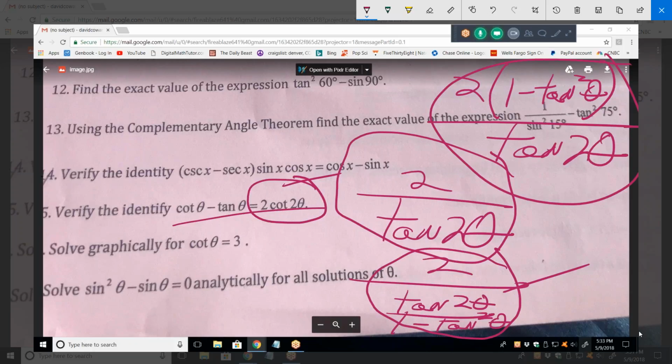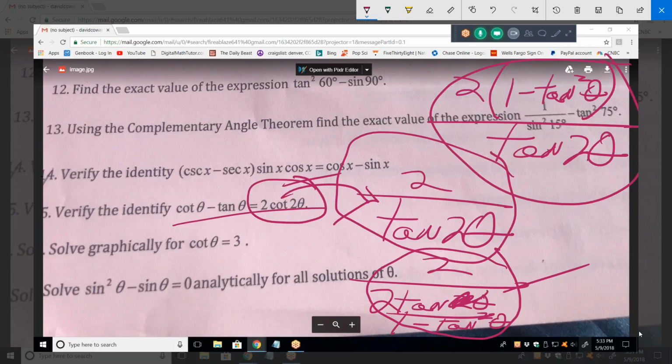I went from the right side to this. And did you make that into the bottom bit? Well, I made the tan of 2 theta into the denominator. Except wouldn't it be 2 tangent theta all over 1 minus tangent squared theta?